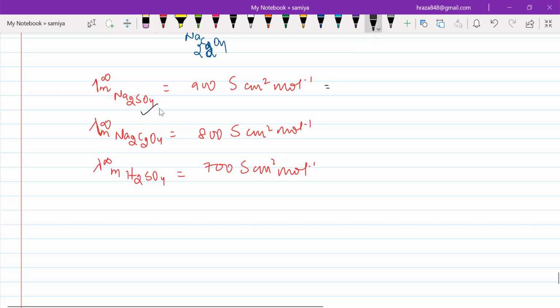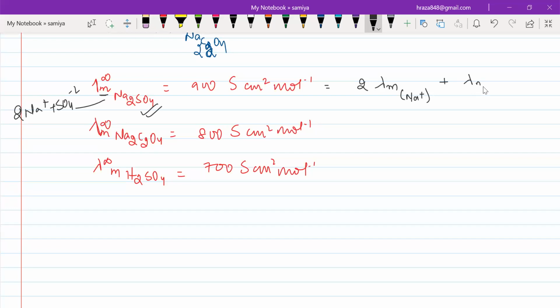Now, if you dissociate Na2SO4, it will be 2 into lambda m Na plus, plus lambda m infinity of SO4 minus 2.